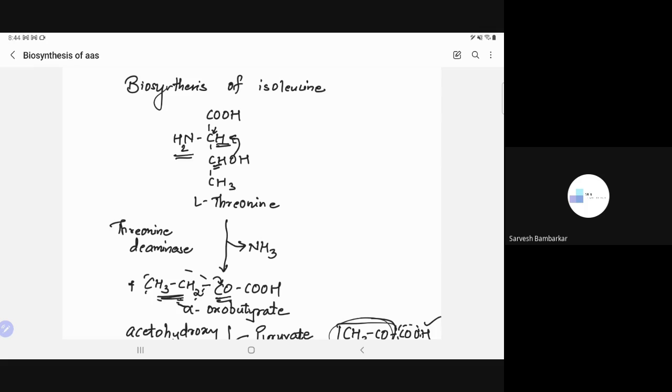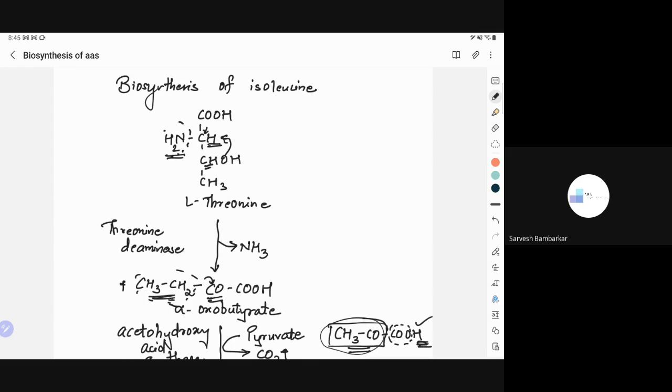Okay. We said that the precursor for biosynthesis of isoleucine is going to be threonine. So you can very well see over here that threonine is COOH, CH, NH2, CHOH, CH3. So the first reaction that you carry out is a deamination reaction, wherein you remove ammonia, which is NH2, and the hydrogen which is adjacent to it.